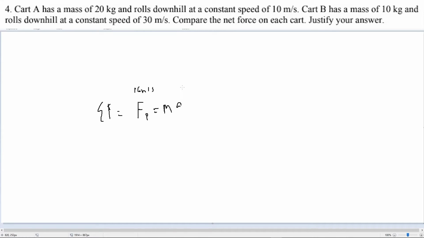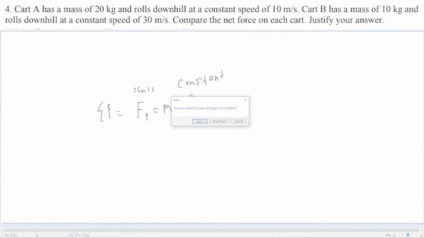However, because both blocks have constant speed, we know that acceleration is equal to 0. So they actually have the same exact net force of 0 because neither of them have acceleration. And that's question 4 for you.